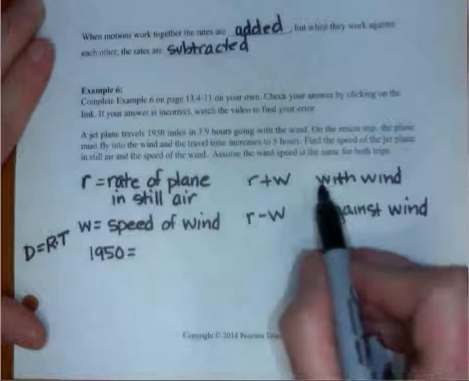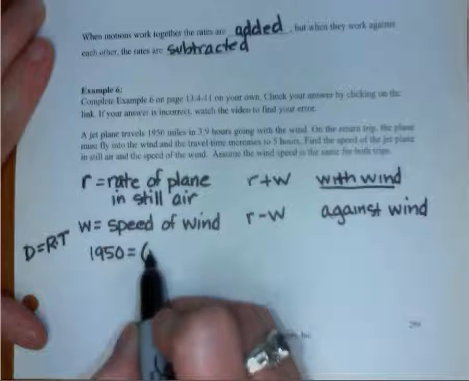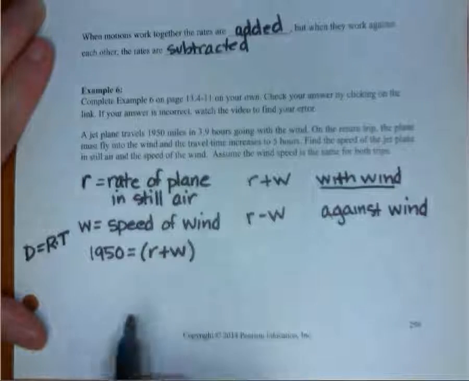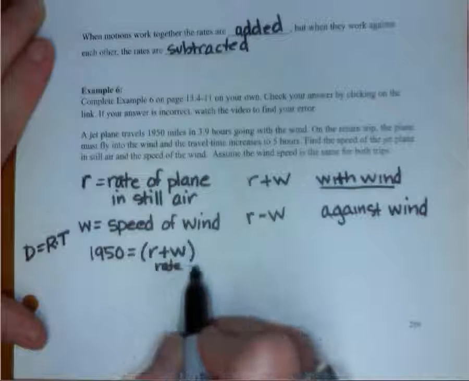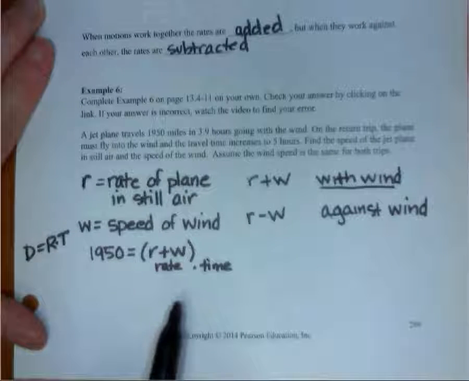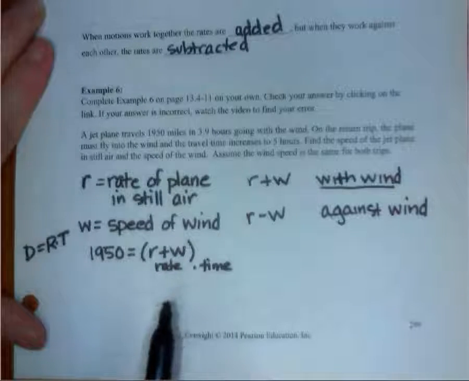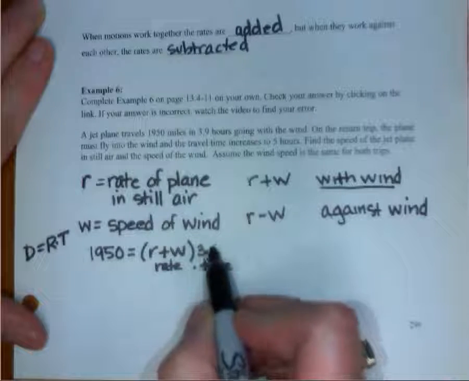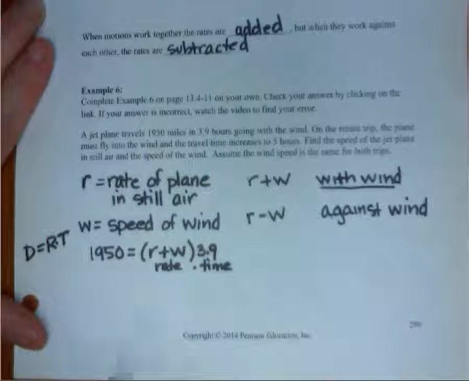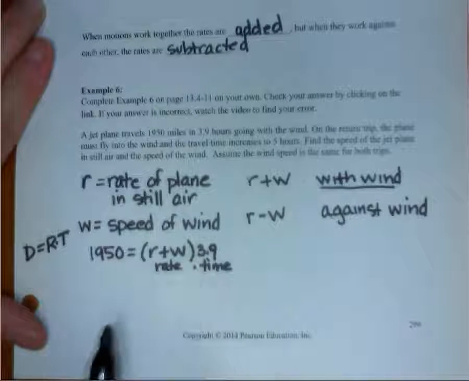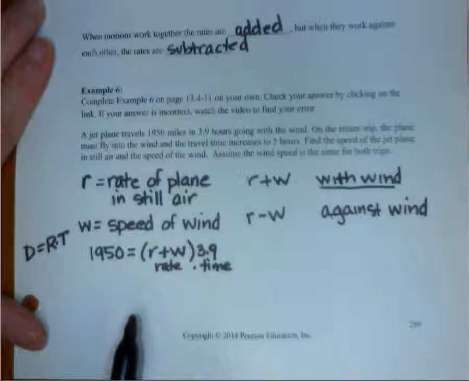So with the wind, the rate is R plus W. So that's rate times time. And it says the time of going with the wind is 3.9 hours. So that's my formula for going with the wind.